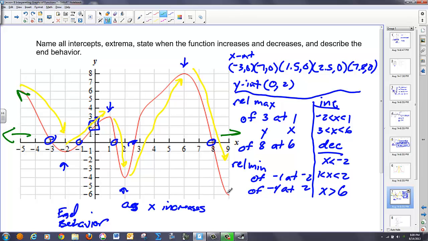This will continue to go in this direction. So back to our end behavior. As x increases, it appears that y is going down. Y decreases. And as x decreases, again I'm talking about the left side of the graph, it appears that y is increasing. And thus I've described those 4 things.